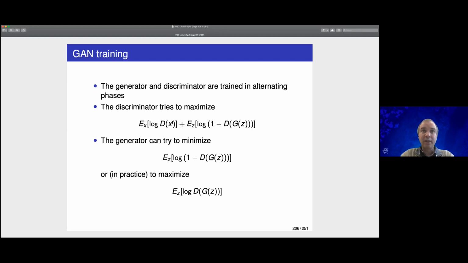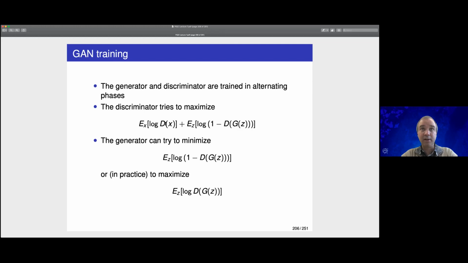To do that, we compute the average over all possible real data of the labels that the discriminator outputs, and also this other part of the function in which we try to maximize the probability of the discriminator outputting label fake for the data that comes from the generator.